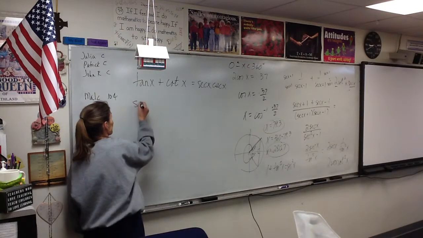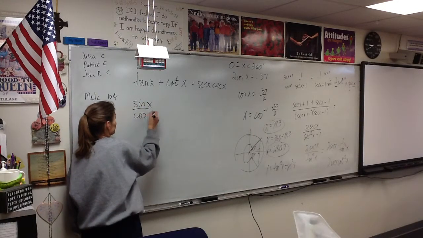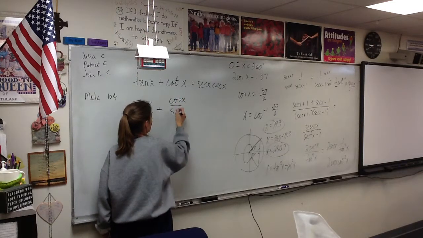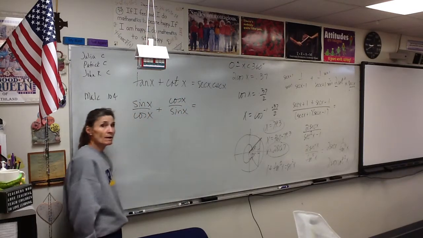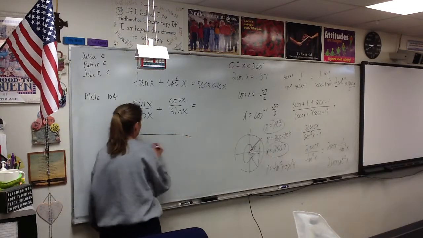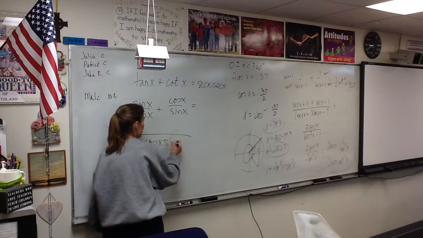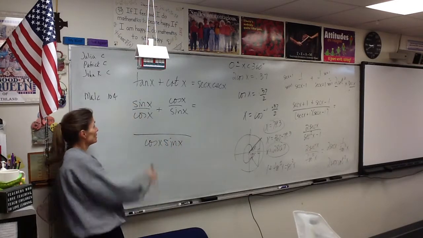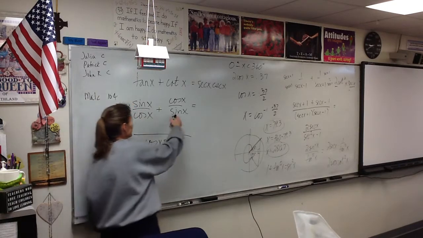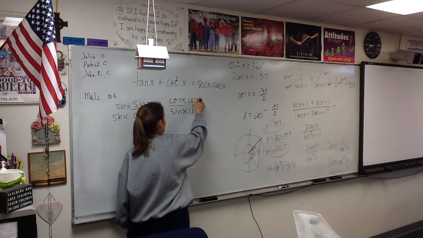Let's change this into sine over cosine, and this into cosine over sine. Now I need a common denominator because I want to add those two fractions. My common denominator is going to be cosine sine. So this one needs a sine, and this one needs a cosine.